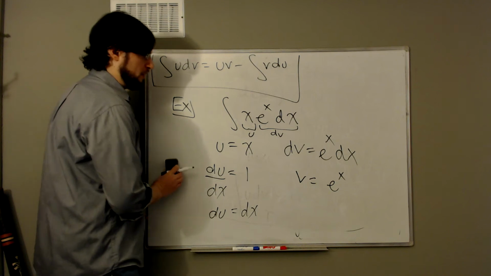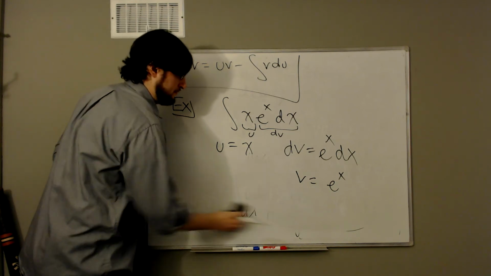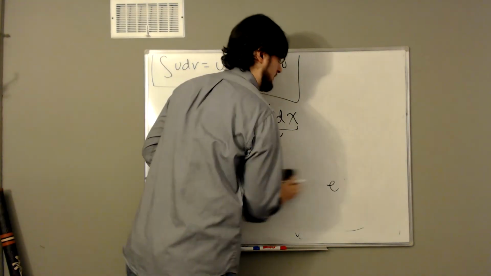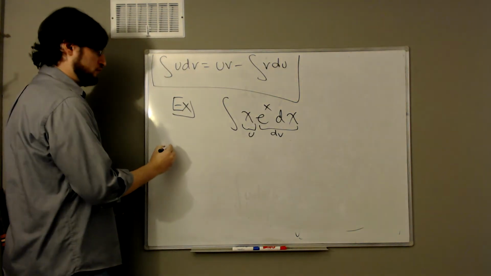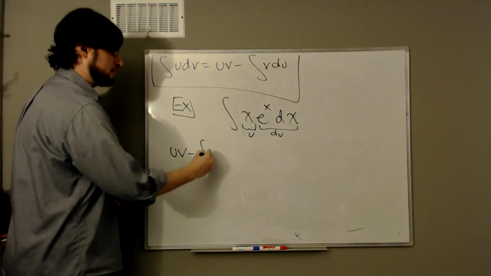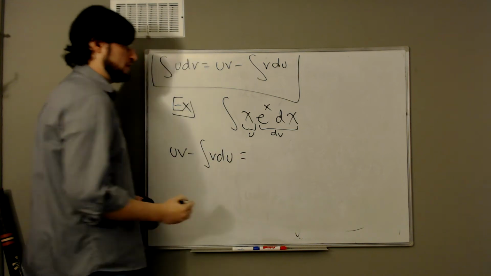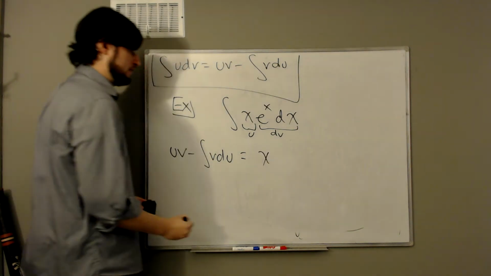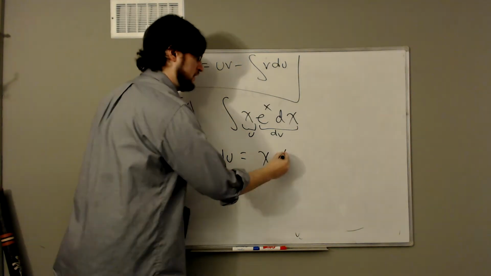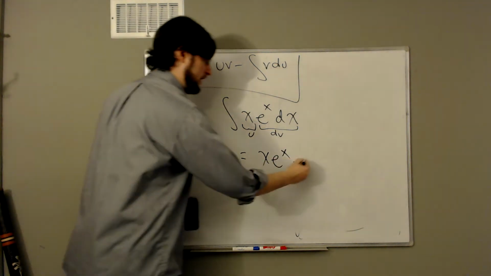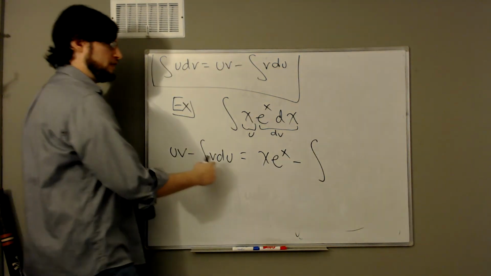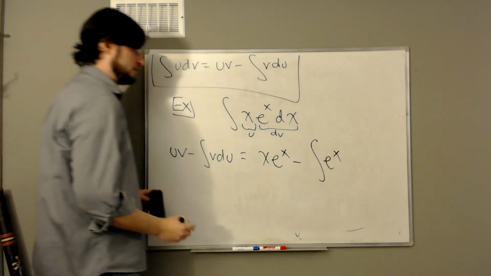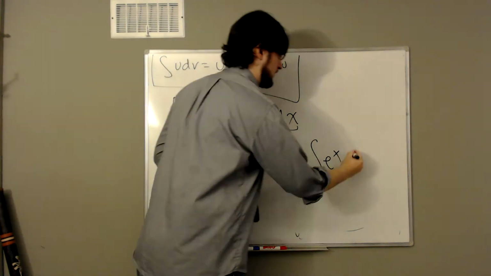And so let's apply our formula. If we apply the formula, uv minus the integral of v du, we get u, which was x, v was e to the x, minus the integral of v, which was e to the x, and du was dx.